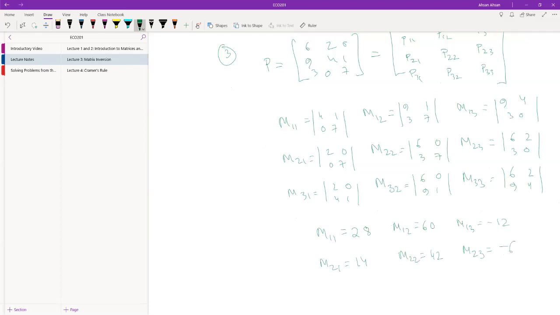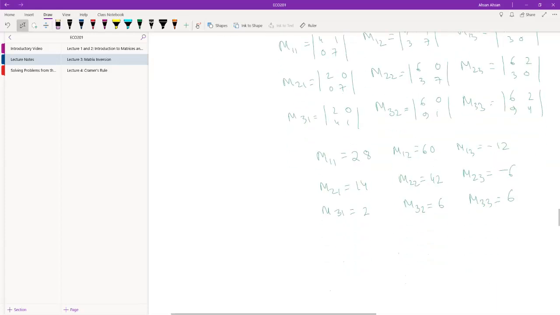M23 is minus 6, M31 is 2, M32 is 6, M33 is 24 minus 18, so 6. So if we write down the minor matrix, that gives us 28, 60, minus 12, 14, 42, minus 6, 2, 6, 6. Okay. This is the minor matrix. This is step 3, was it?